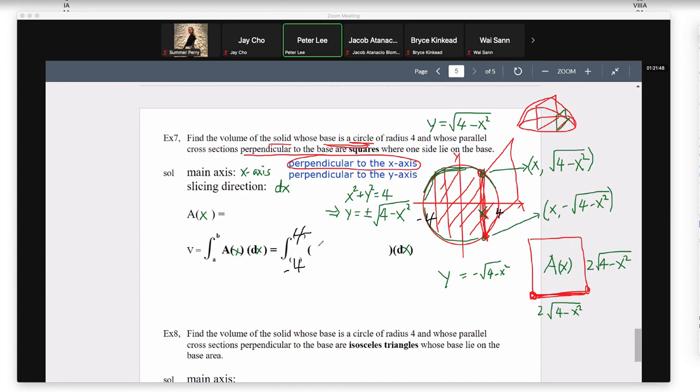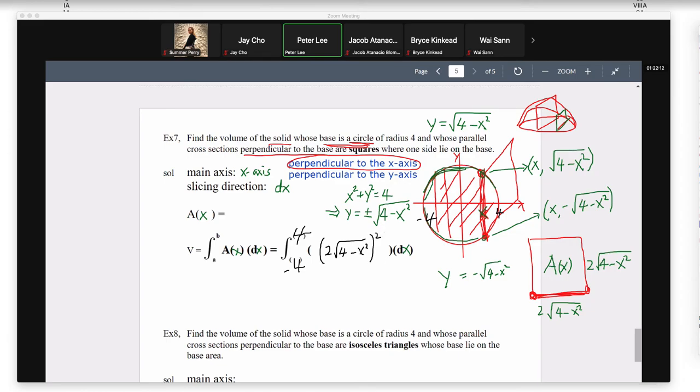And what is A of x? A of x will be, you know what, instead of simplifying, let me just show you what it is. 2 times the square root of 4 minus x squared, and then the whole thing squared. And when you square this, there will be no more square roots.